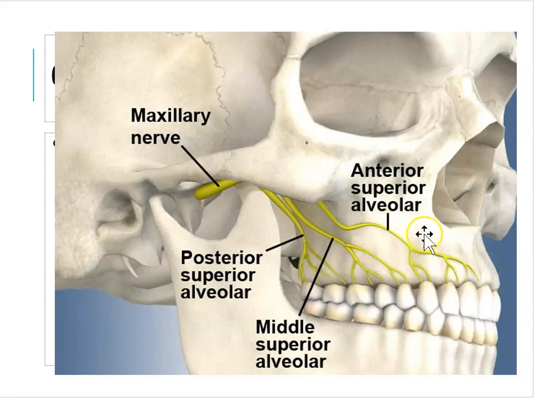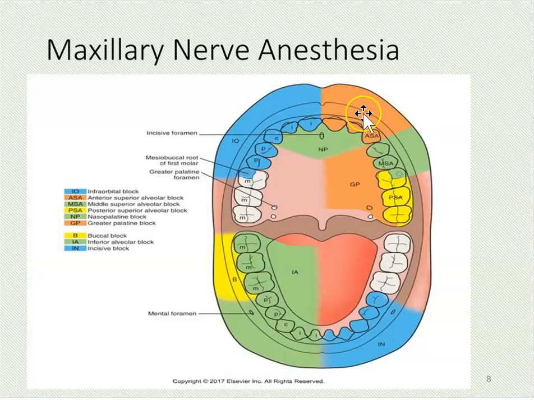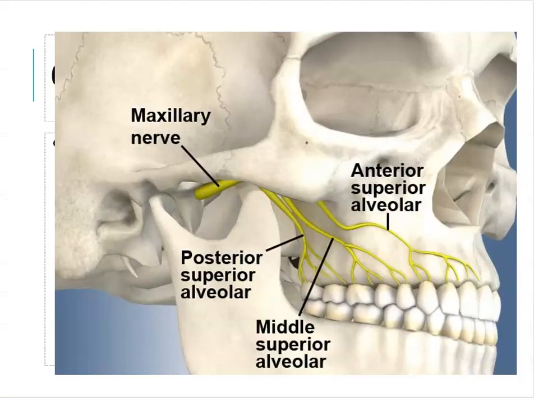Maxillary artery, anterior superior alveolar artery. If I were to numb the anterior teeth, I could just numb these three teeth, and to do so, I would have to put these arteries to sleep. If I wanted to numb the middle teeth, the premolars, I would have to get my local anesthetic into the middle superior alveolar artery.